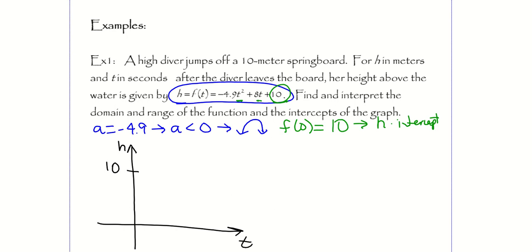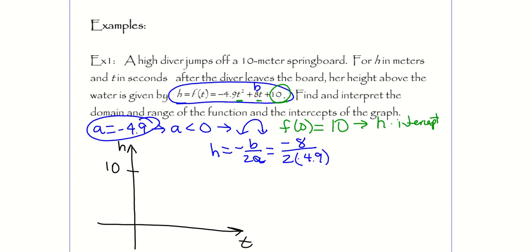Now, to find where it turns around, we can find h, the vertex's first coordinate. h will equal negative b over 2a. Here 8 is my b, so that's the opposite of 8 over 2 times a, and a is negative 4.9.